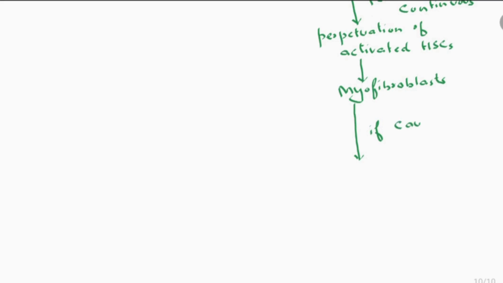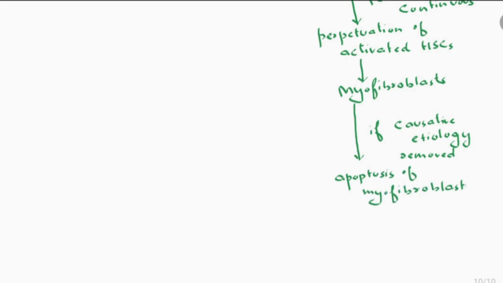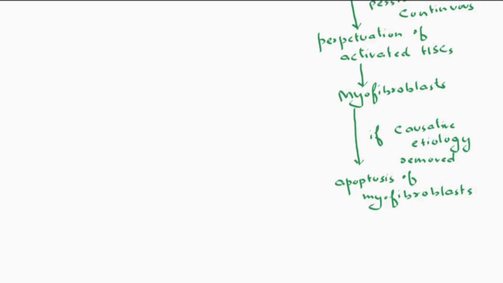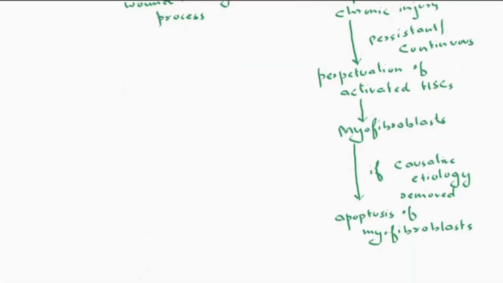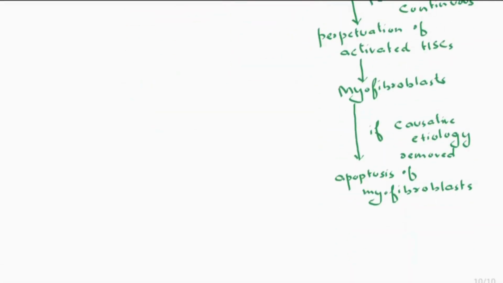If the causative etiology is removed, it leads to apoptosis of myofibroblasts. So, this was the basic mechanism of liver fibrosis.